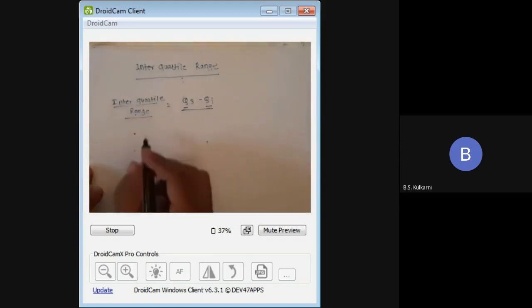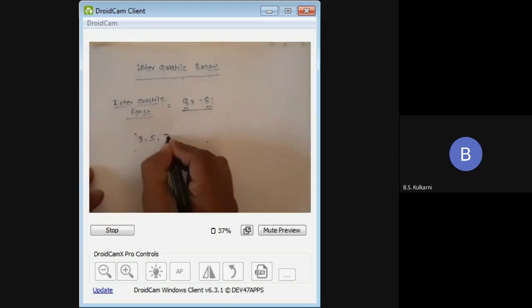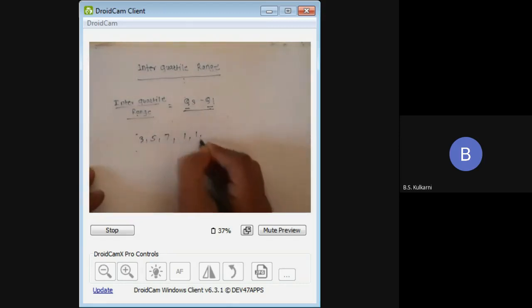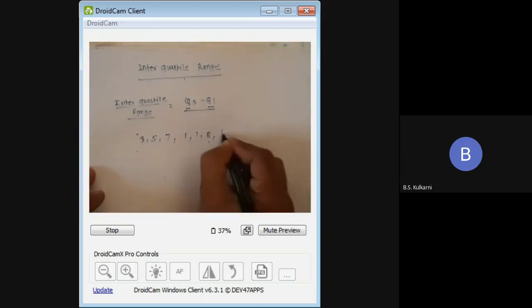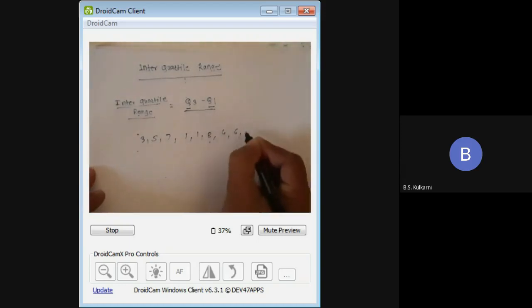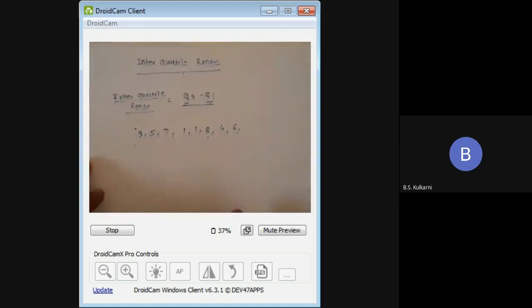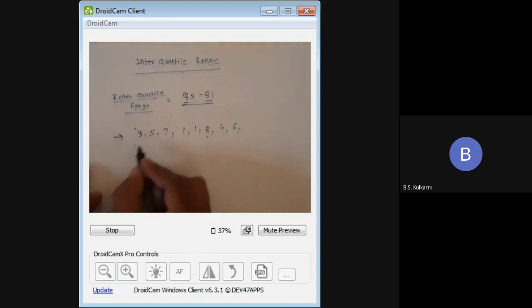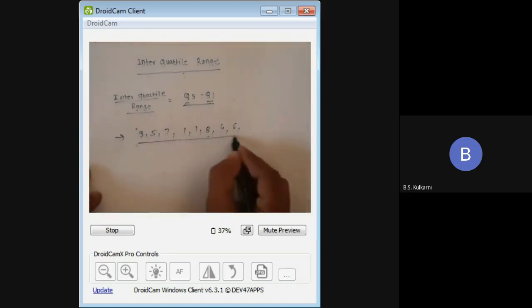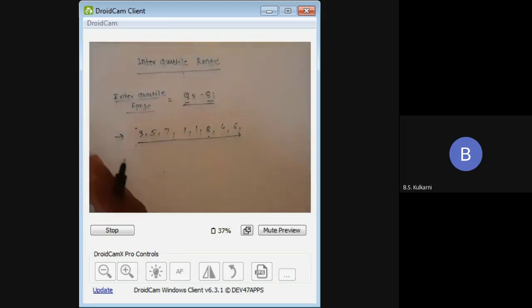Suppose that we have data like 3, 5, 7, 1, 1, 8, 4, 6. The first task is to arrange the given series into ascending order, from the lowest to the highest.